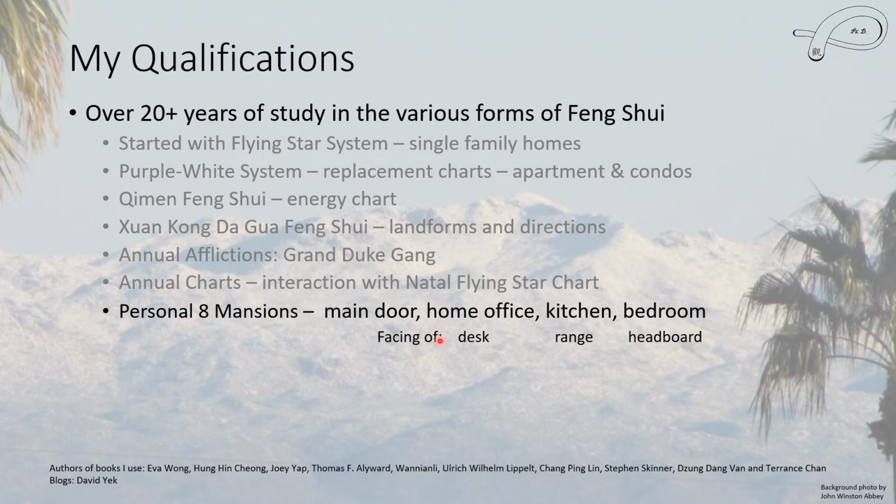And this is why these are actually quite useful. There are many couples where one person is an East Group person and the other one is a West Group person. And what that means is the East Group person's good direction is a bad direction for the West Group person and vice versa. So that can make designing a house a little more challenging, but this right here, the desk, is usually where you get the best bang for your buck because you can place the facing direction of the desk for individuals.